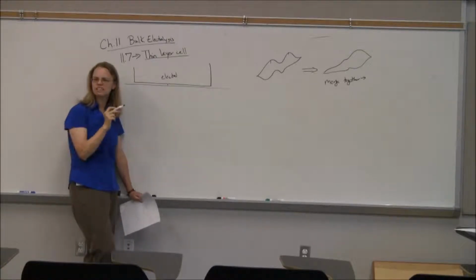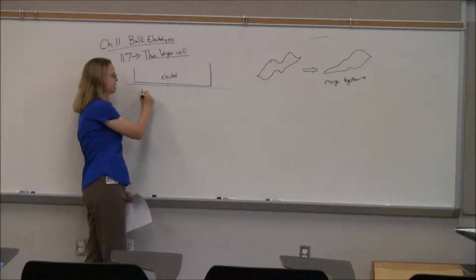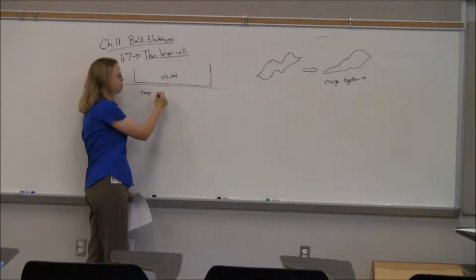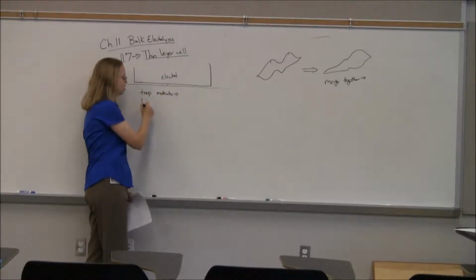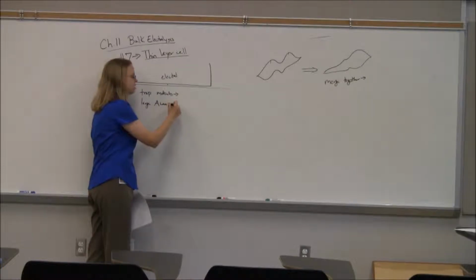It's pretty well trapped. It's going to have a very small pathway to get out, especially if it's in the middle. And so the idea again is that we're going to trap our molecules in this cell, and then we have a large area, or at least dimension, compared to the volume.